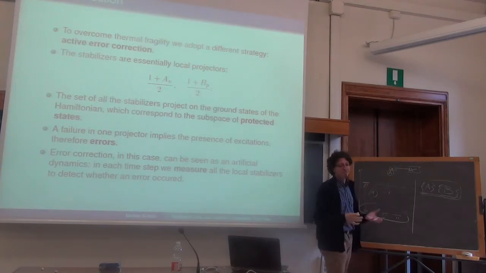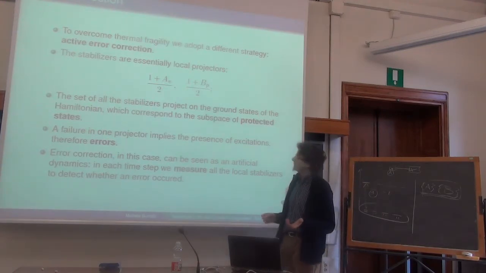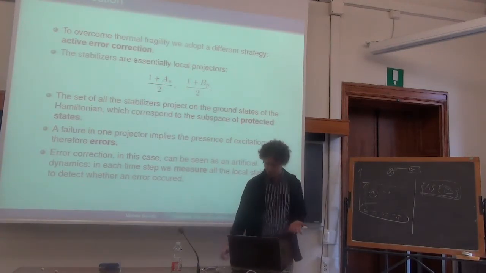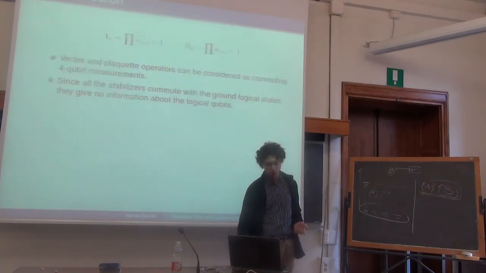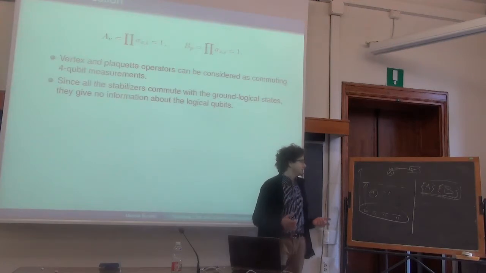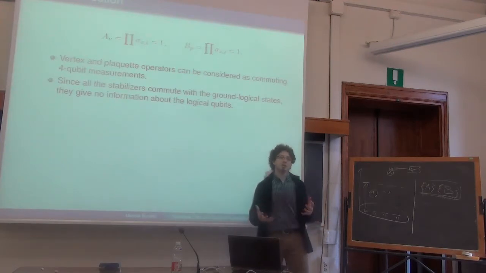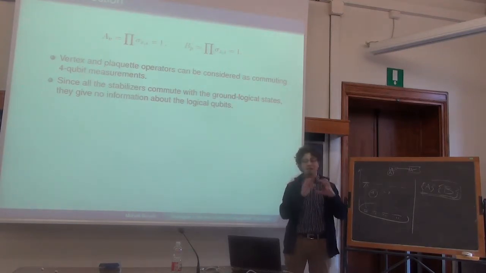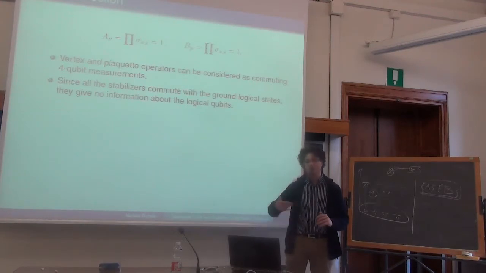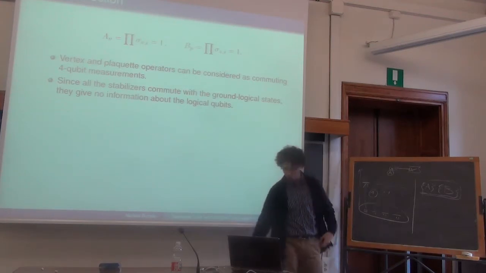So this is roughly speaking the idea of using the toric code as an error correction tool. And essentially, in my opinion, we are just saying that we change our mind, and we say, well, A's and B's are not anymore interactions in the Hamiltonian, but they are measurements that we can do, and through these measurements I am imposing somehow an artificial dynamics on the system.